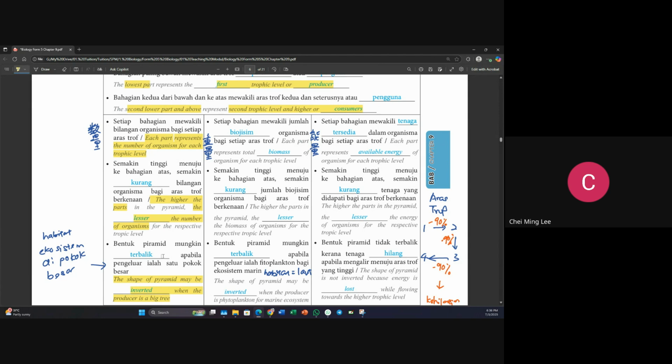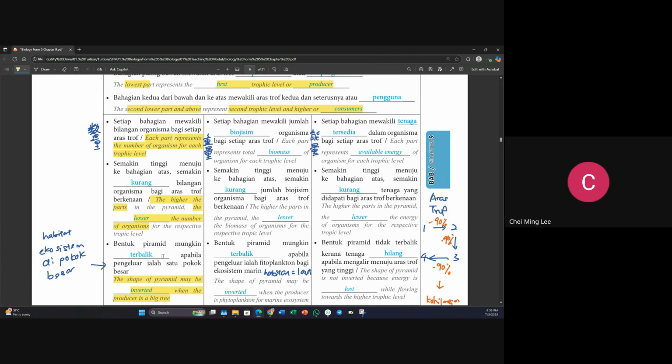Because when the ecosystem is a big tree, how many producers do we have? Only one, right? But actually, can we consider that only one producer? No, because it involves the leaves. But in size, we only focus on organism. So leaves are organs. So that's why it might be inverted.